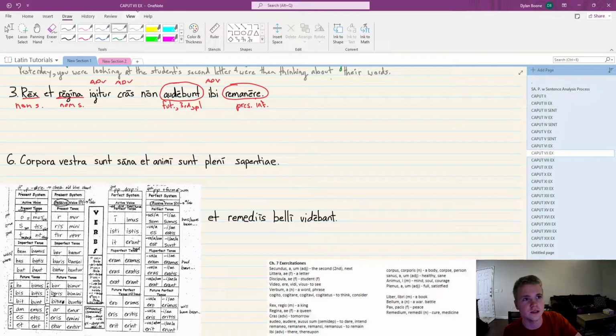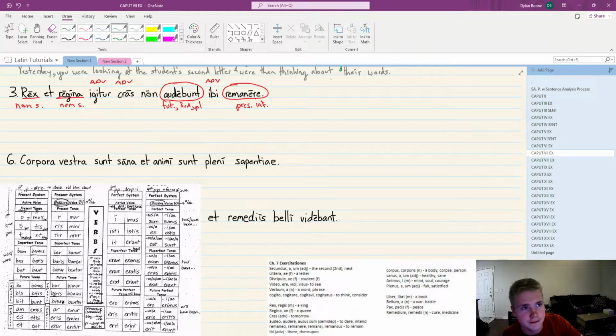So we'll go ahead and so I'll start with igitur, actually. Igitur, like you can see in your definitions down there, it just means to, actually I might not have it. It means therefore.